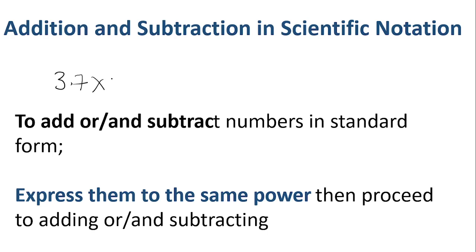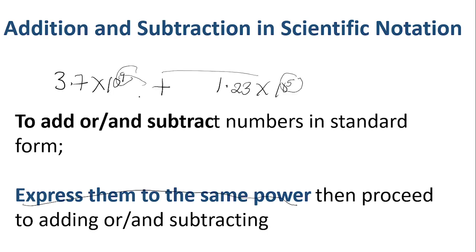Meaning this 5 should become 9, or this 9 should become 5. One of these should change to the other. That's the only way you can add or subtract numbers in standard form. How you do that, I'm going to show you in a second. But the rule says if the powers are different, you cannot add or subtract. You can only add or subtract when the powers are the same.